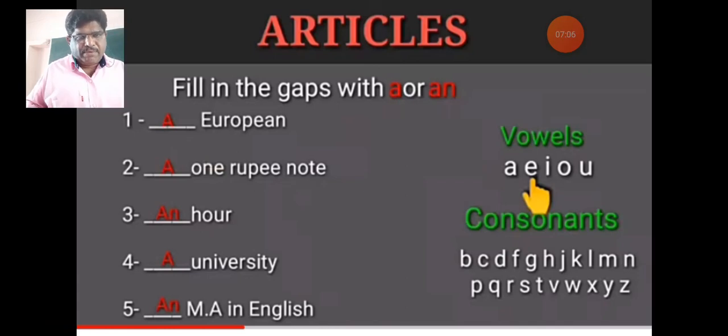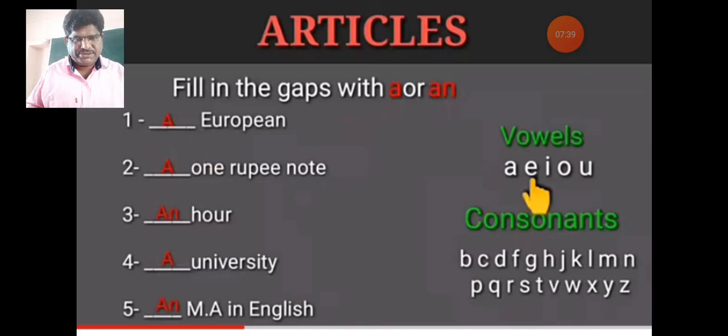And an hour: H is a consonant letter, but we use an there because it is "an hour," not "hour," and a vowel sound comes. A university: U is a vowel, but we put a there because in university a "yu" sound comes.